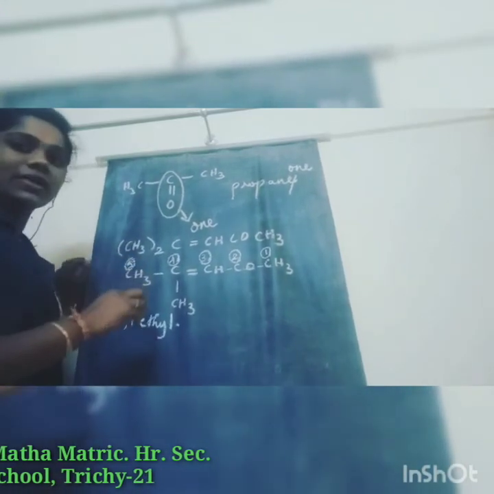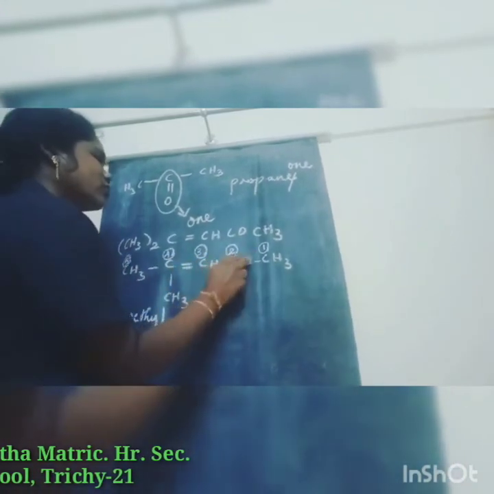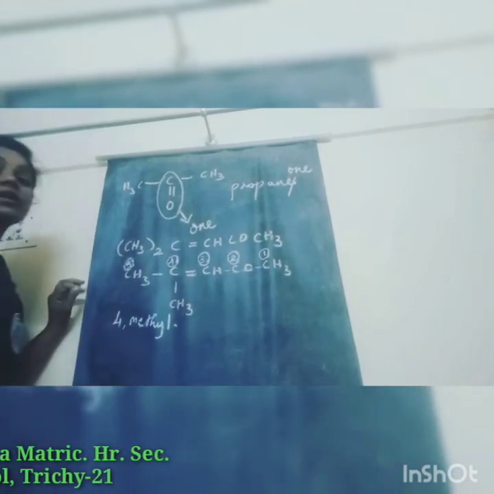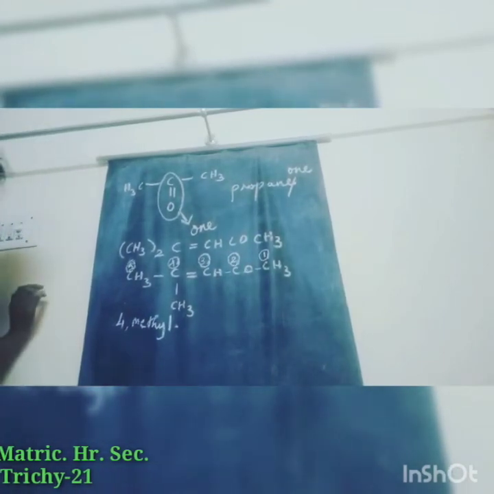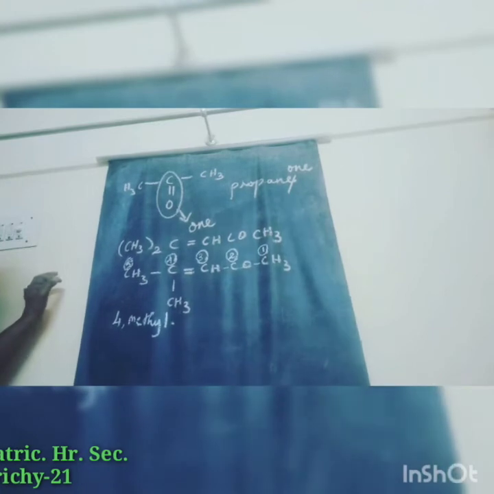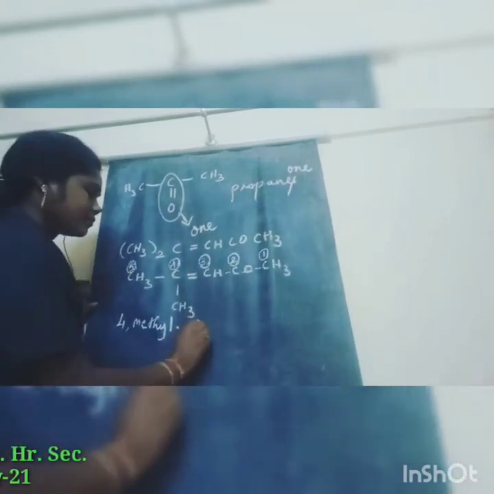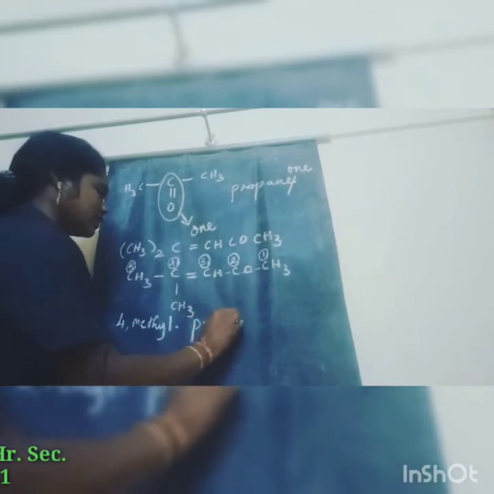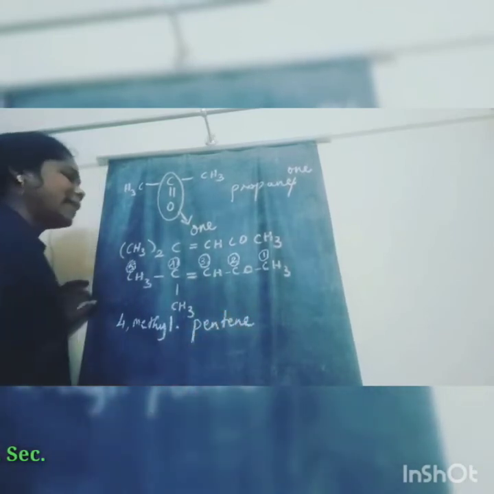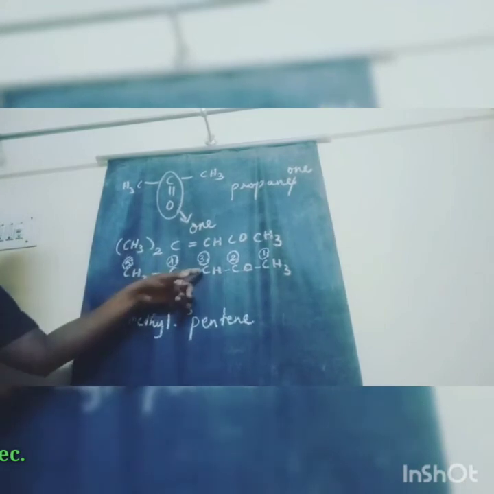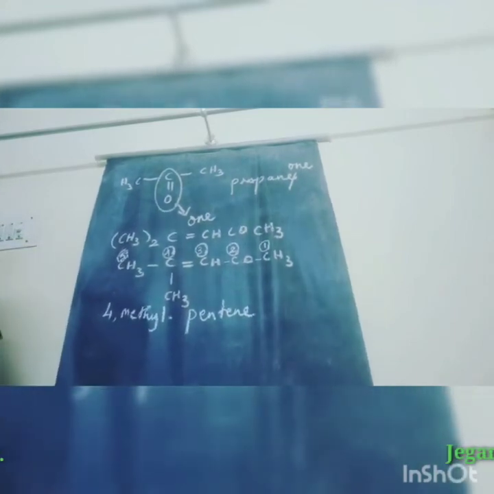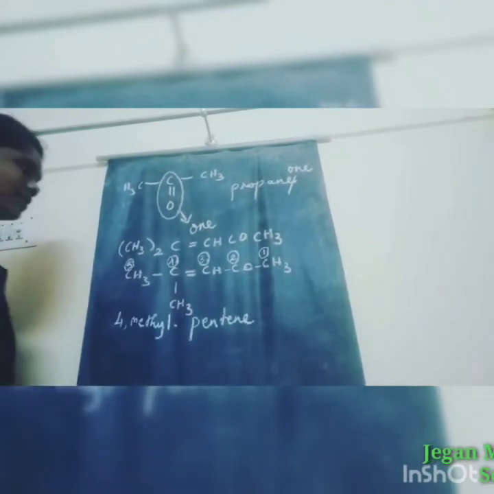Number of carbons: 1, 2, 3, 4, 5 carbons are present, so five carbons means pentane. Here a double bond is present, so this is pentene. Double bond means -ene, so pentene. In which carbon is the double bond present? The third carbon, so 3-pentene.